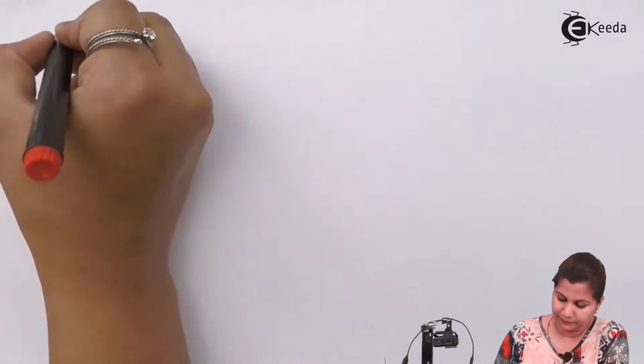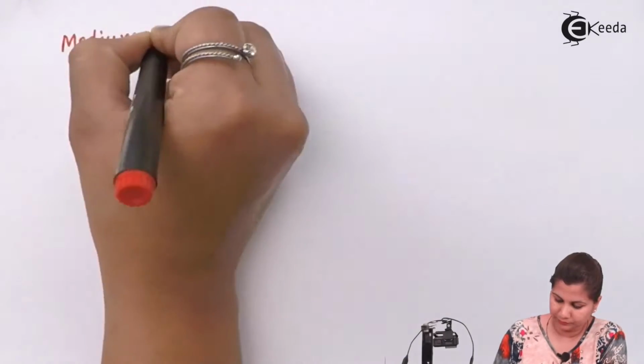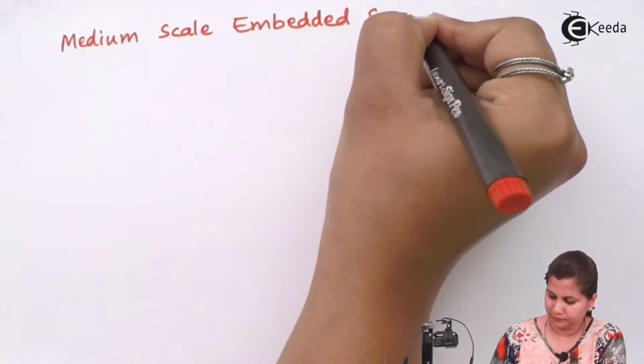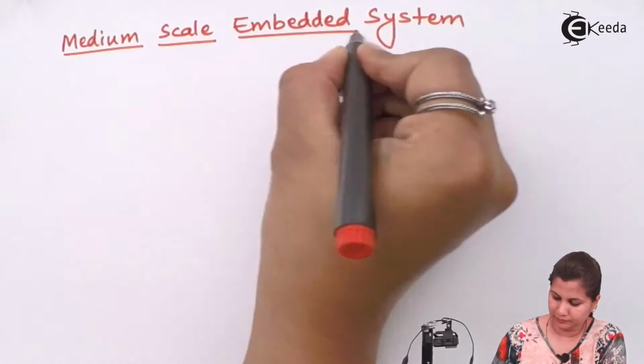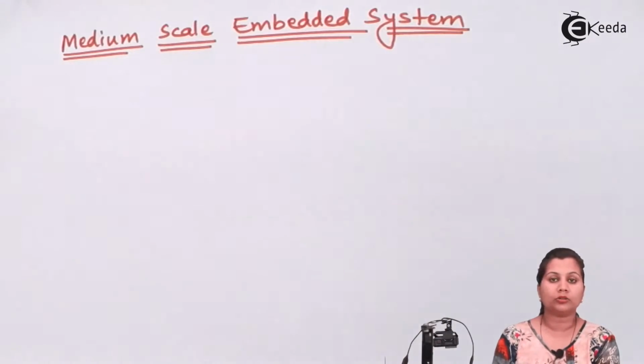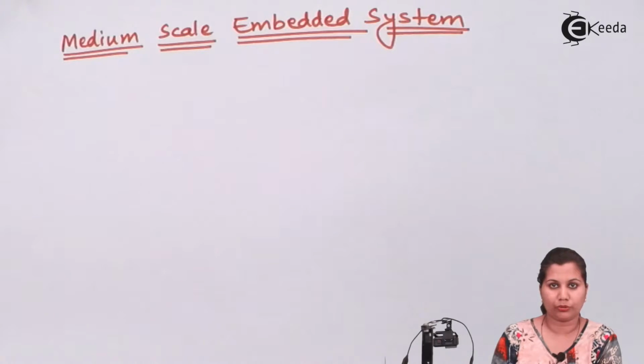The next type of embedded system is the medium scale embedded systems. Now, the medium scale embedded systems are designed with the help of 16-bit to 32-bit microcontrollers.